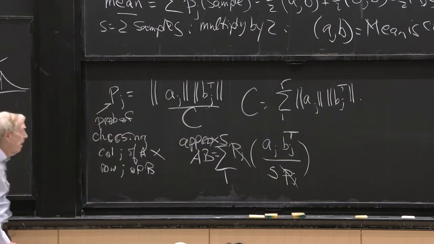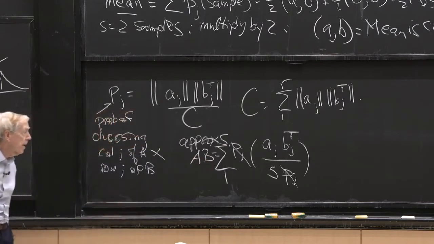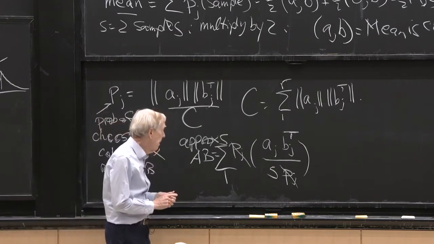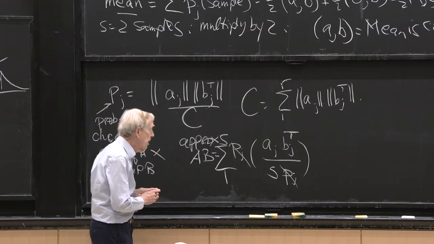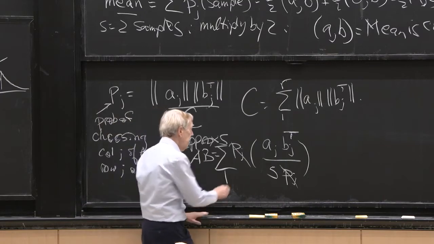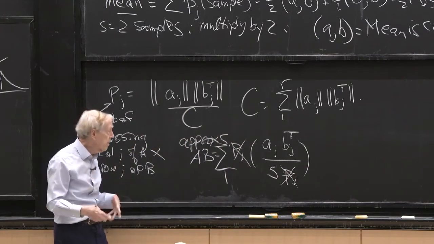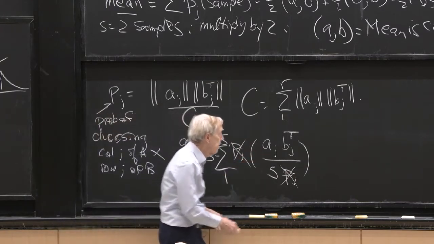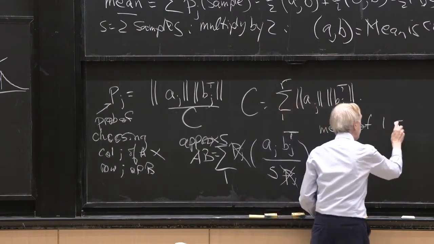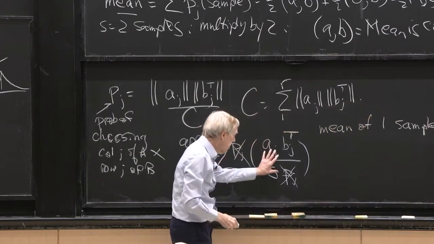Yes, okay, right. So I would like to see that the mean is correct. I want to compute the mean of my process. It's like it's falling into my lap here. I made it that way. These Pjs canceled. I divided by S. So the mean of one sample is the probability of getting it times what I take.